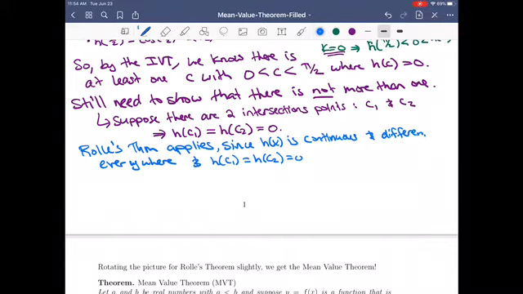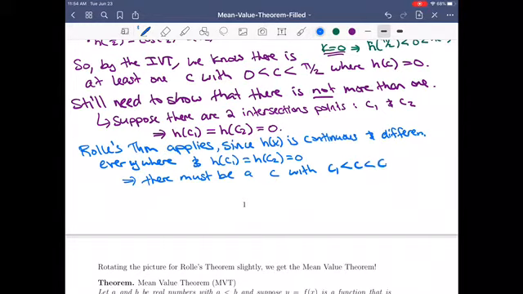They're both 0. So that means there must be a c, with C1 being the smaller one, but it doesn't really matter, so c between C1 and C2, and h prime of c equal to 0.